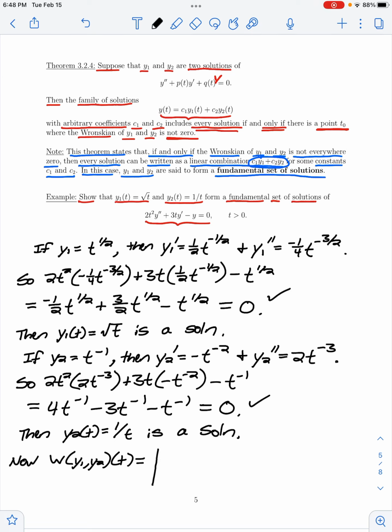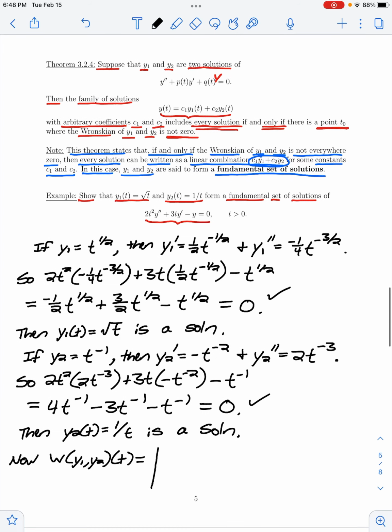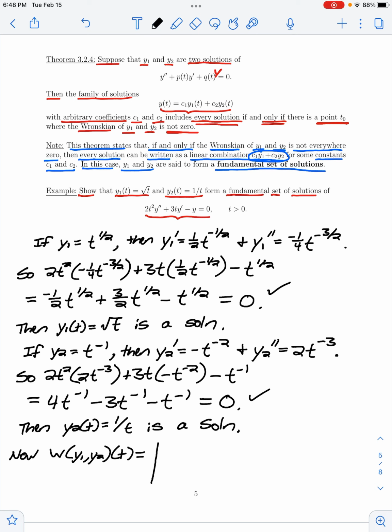We're taking the determinant of the 2 by 2 matrix, where our first row would be the solutions, square root of t, or t to the 1/2 power, and 1 over t, or t to the negative first. And then our second row would be the derivatives, 1/2 t to the negative 1/2 power, and negative t to the negative 2 power.